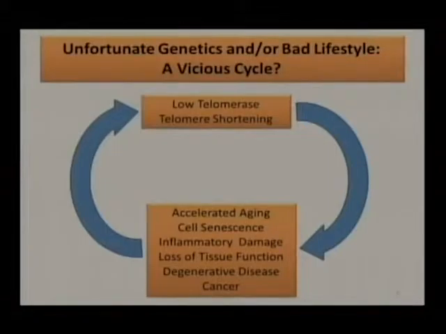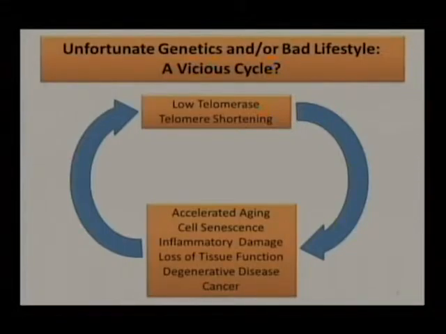So what we know now is that either unfortunate genetics, if you have mutations that reduce your telomerase activity, or a lifestyle that's not conducive to telomere maintenance, you have a vicious cycle, essentially, where low telomerase and telomere shortening can, of course, lead to all of the things that you've heard about: accelerated aging, cell senescence, inflammatory damage, ultimately loss of cell and tissue function, and degenerative disease, including cancer.